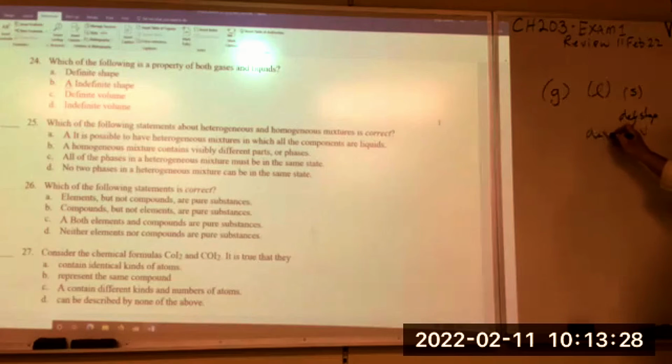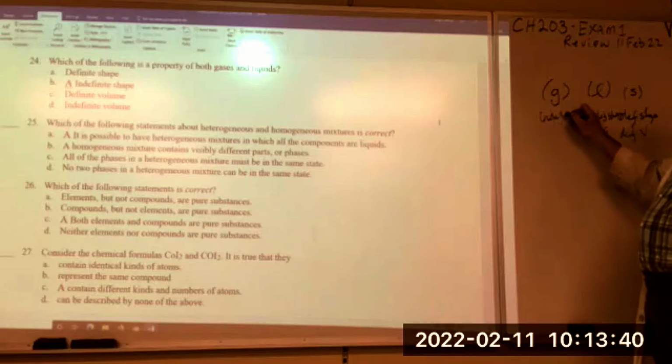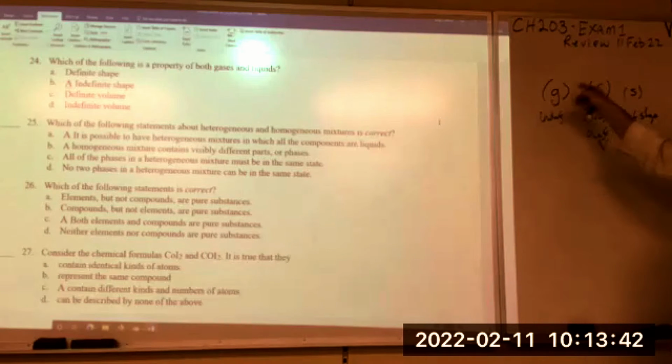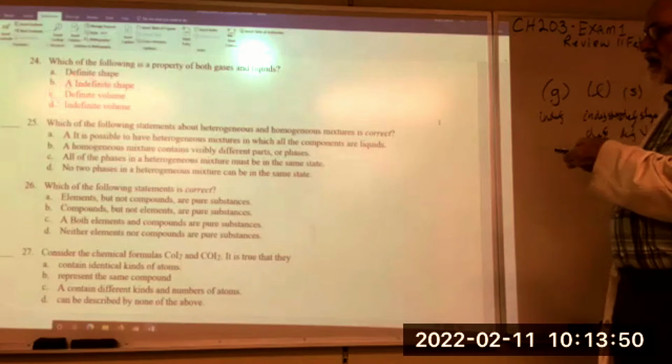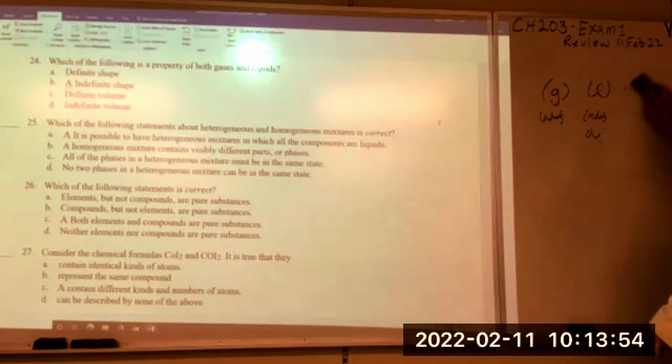This one's definite volume. Definite volume. And this was indefinite shape. Indefinite shape for both of them. But gas has indefinite volume also. So indefinite shape is characteristic of both gases and liquids.